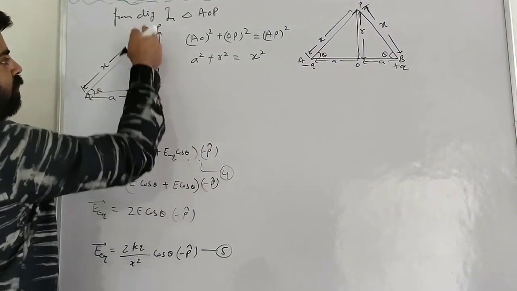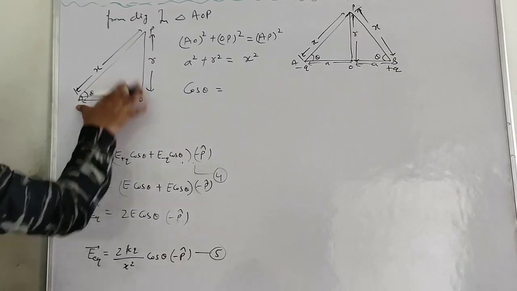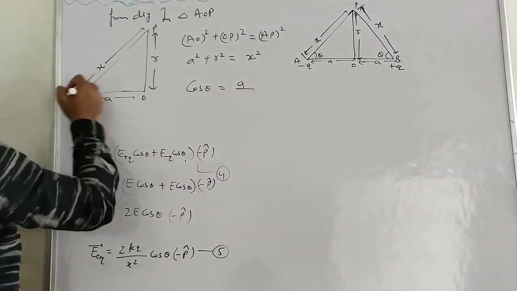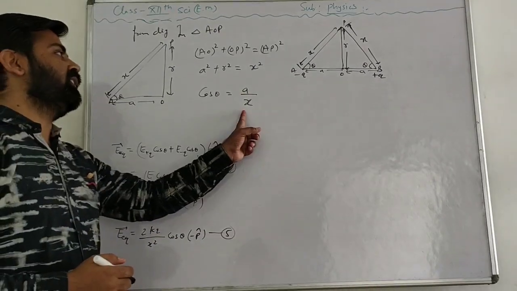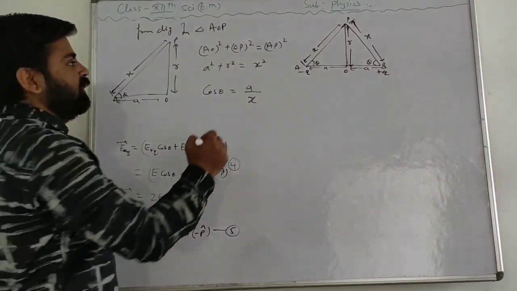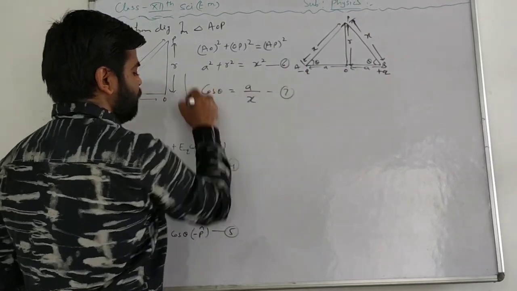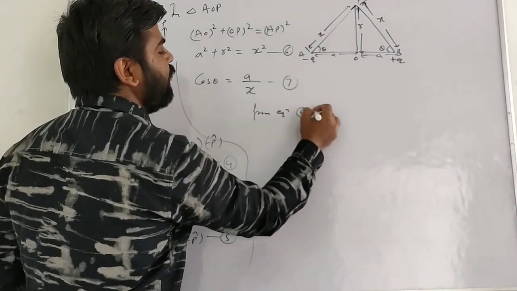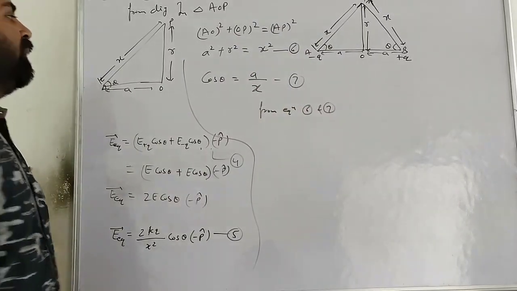And from the same triangle, cos theta is equal to base upon hypotenuse. What is the base? Small a, and the hypotenuse is small x. But we have to convert small x in terms of small r. We use these equations: this is equation number 6 and this one is 7.